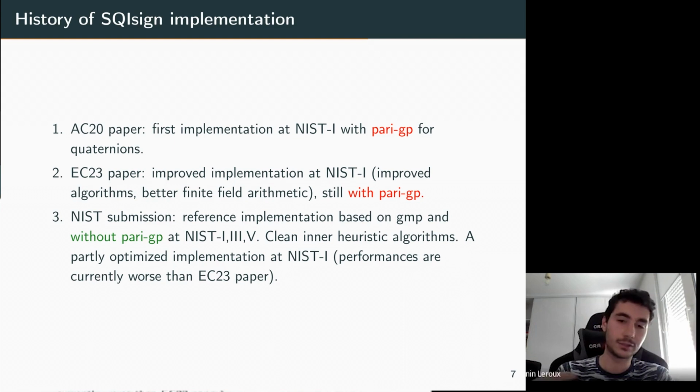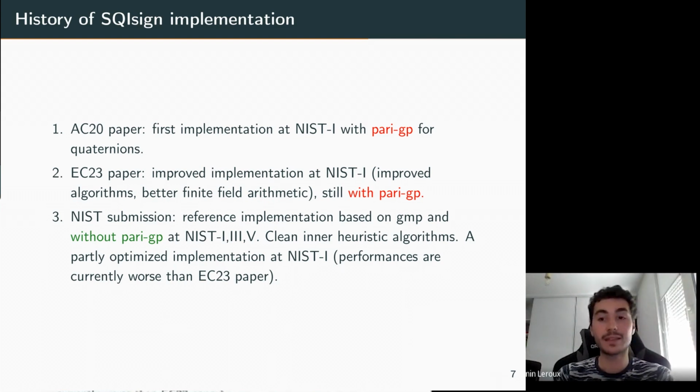We took the opportunity also to clean the code and to simplify some of the heuristic algorithms, because there are lots of heuristics on the quaternion part in particular. So we obtained an implementation which is not completely finalized. In particular, by the NIST deadline we only managed to make a partly optimized implementation at NIST-1 security.